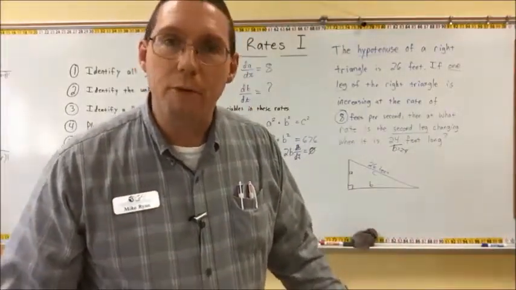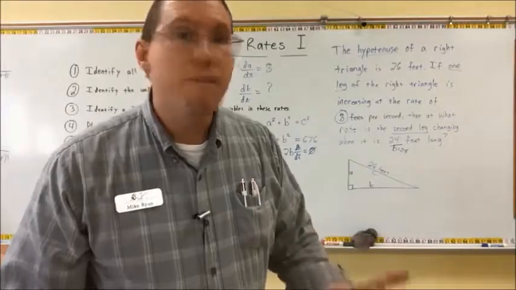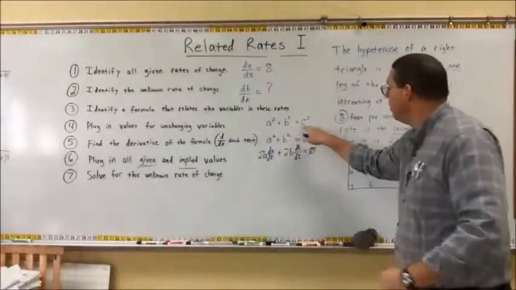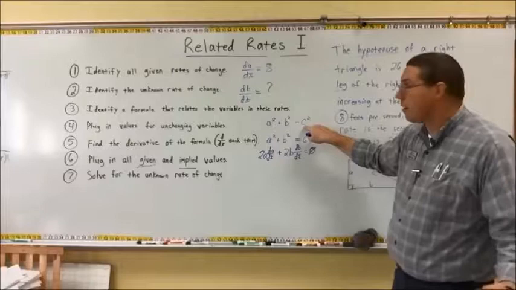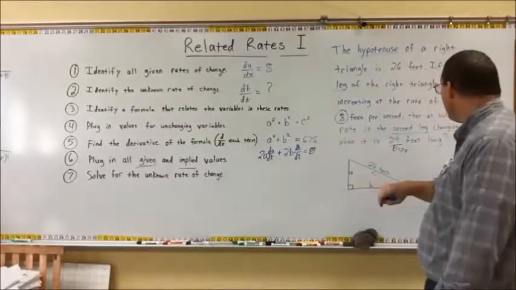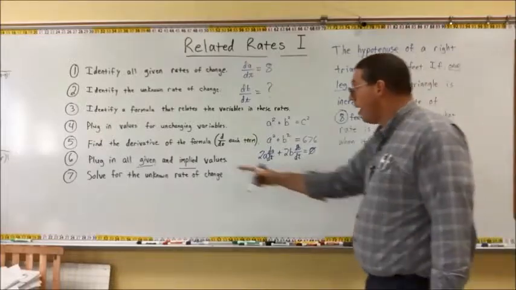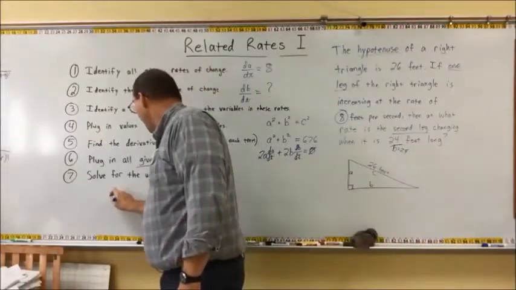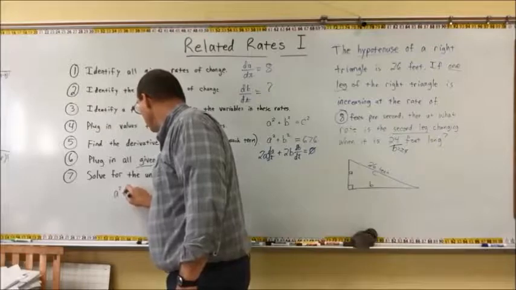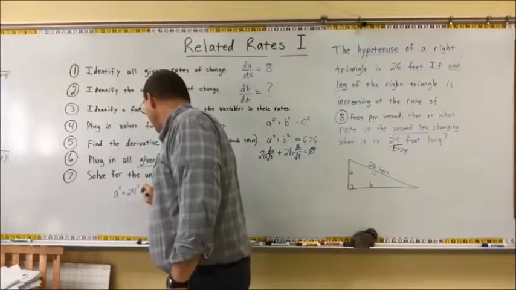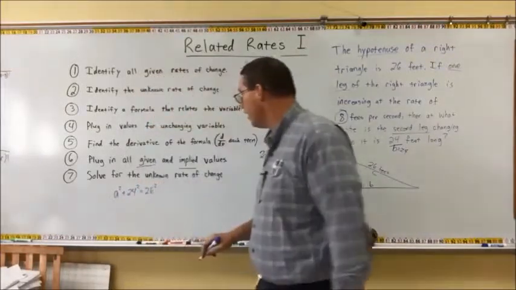Well, we have the Pythagorean theorem, right? If we know what C is, 26, and if we know what B is, 24, then we can find the value of A. So let's do that maybe over here. A squared plus 24 squared is equal to 26 squared, right?